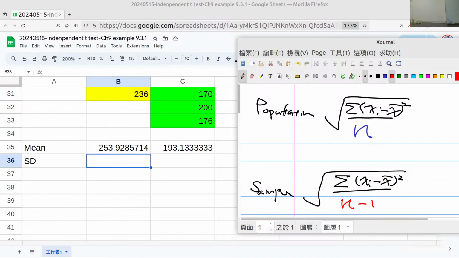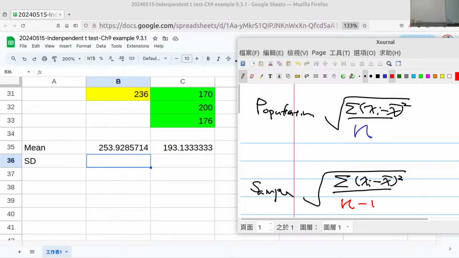Again, for the population, from the equation, the denominator is n. N is the total number of the population, a very big number. Then for a sample, it is n minus 1. Don't ask me why, because the theory is really hard. I read this many times, in English and in Mandarin, and I cannot understand. I admit that myself.